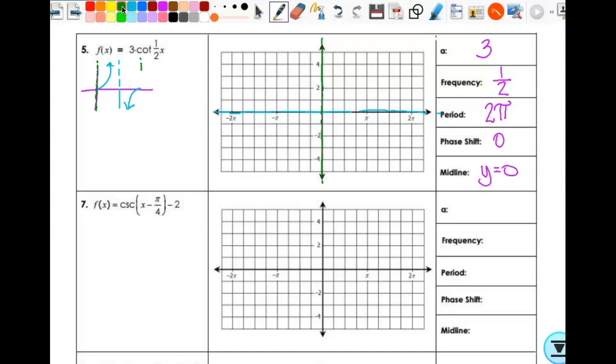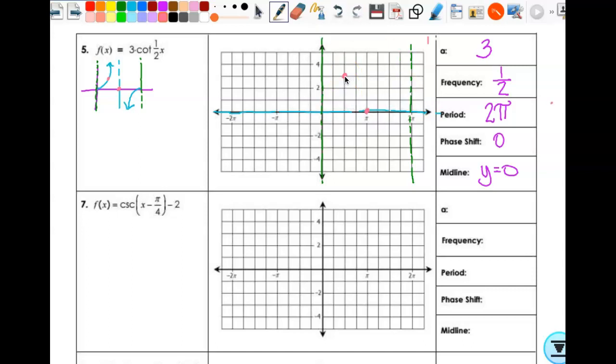I will have another asymptote at the end of the period. This period is 2 pi, so at 2 pi I have an asymptote. Halfway between the two, tangent has an asymptote, which means cotangent has 0 on the midline. Then halfway between these two, my parent function goes up 1, but my A is 3, so halfway between these two, I go up 1, 2, 3.